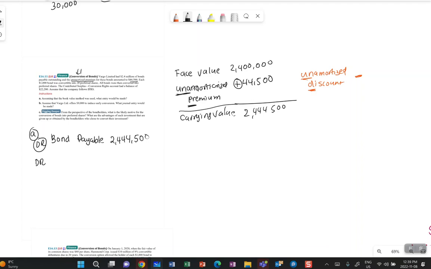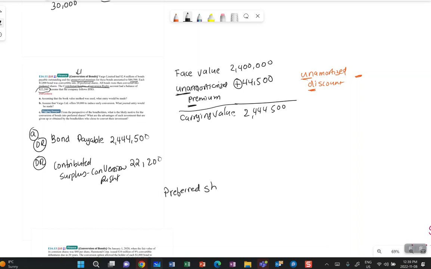If I'm converting it, I have to get rid of the contributed surplus, conversion rights. We're converting the whole thing. In this case, it's 22,200, and we're converting it into preferred shares.